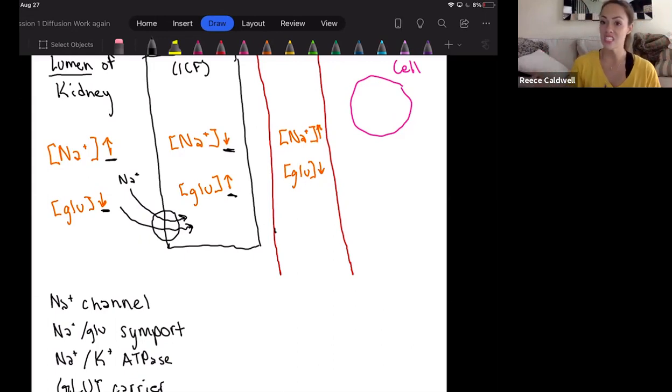This is a form of secondary active transport, because that sodium is giving energy to that glucose to move against its concentration gradient. I said that 800 times just now, hopefully y'all got the point. But again, that's a form of secondary active transport. Sodium moving with its concentration gradient gives off energy to glucose to move against its concentration gradient.